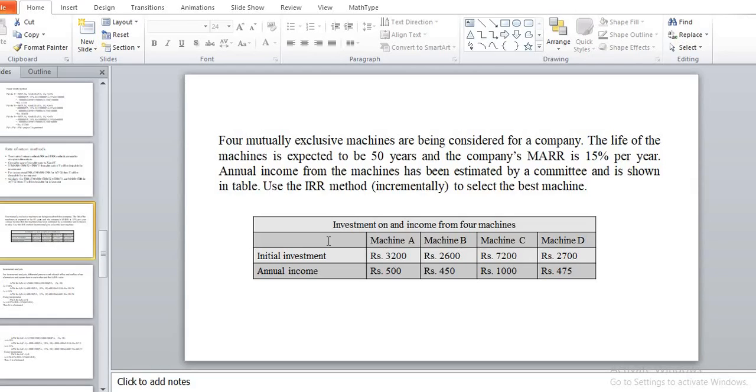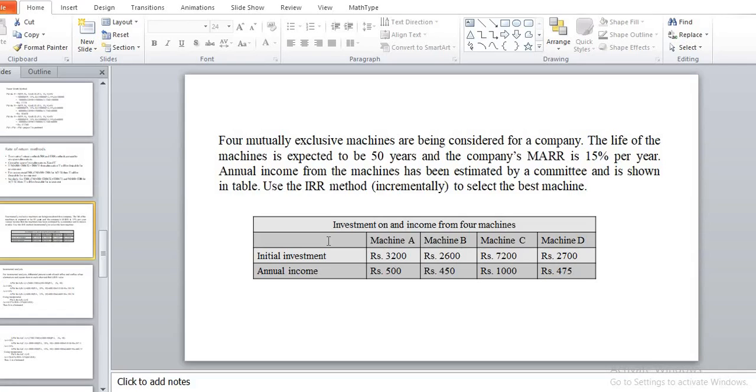In other words, whether the investment is in a machine or an asset, we should judge that investment by using these methods. So here the projects are machines A, B, C, D, and we should evaluate them using these different methods.